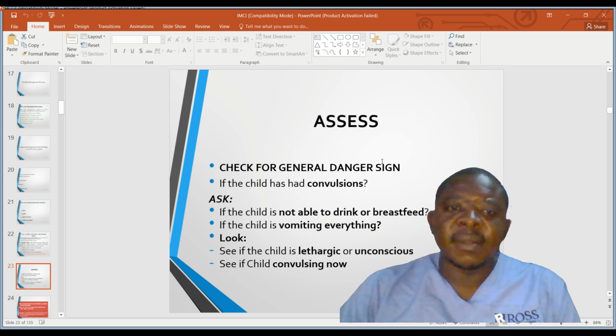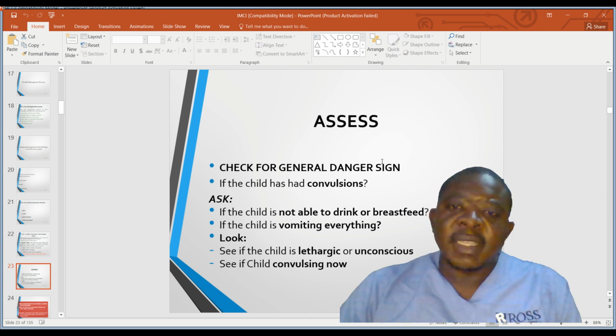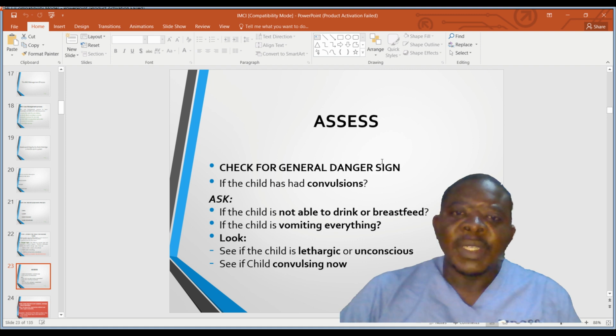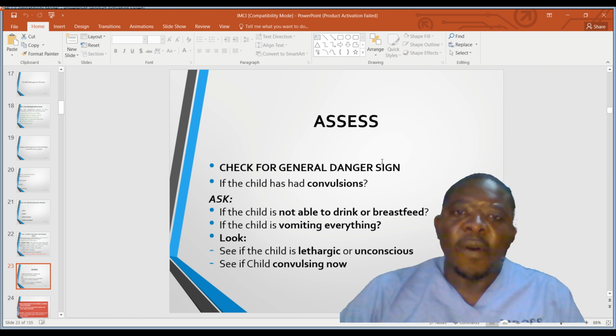You can see if the child is convulsing now. So in checking for general danger signs, you ask about some GIT symptoms that are part of the danger signs: not able to drink or breastfeed or vomiting everything.